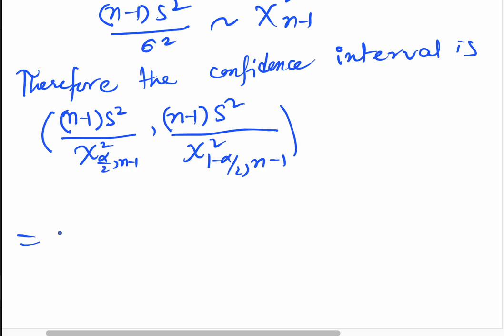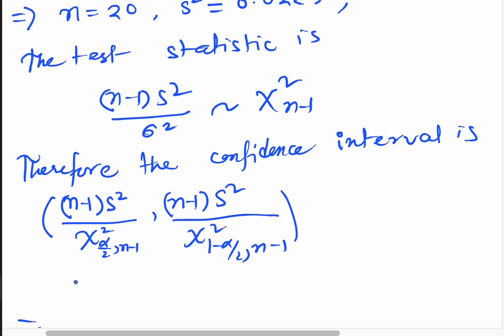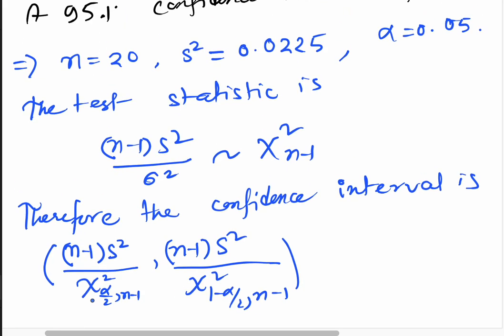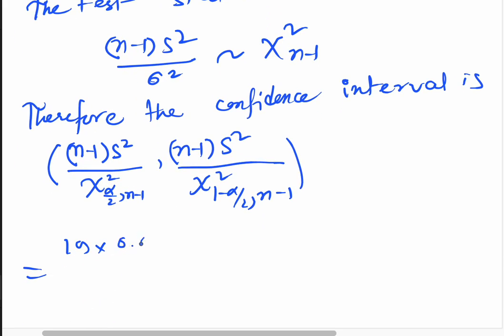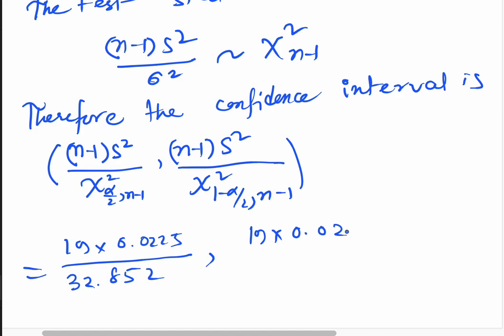Let's put all two things together. So this is 19 into 0.0225 by 32.852, and 19 into 0.0225 by 8.9065.